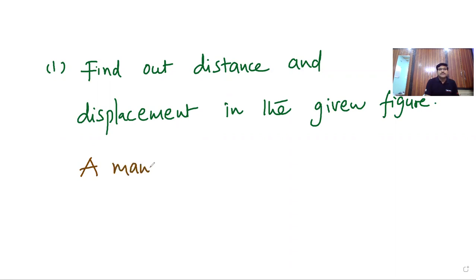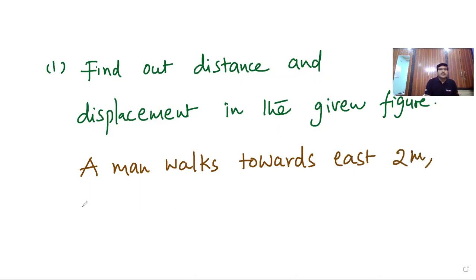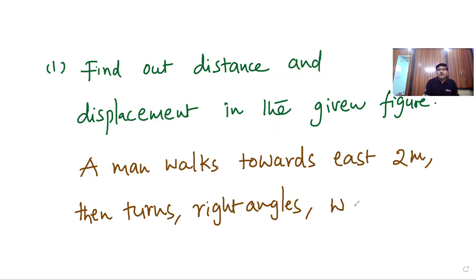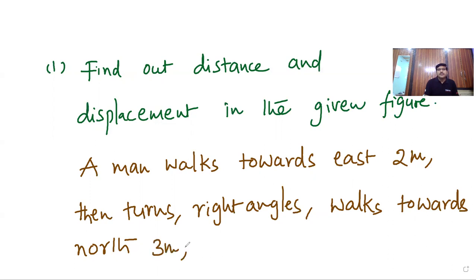A man walks towards east 2 meters, then turns right angles, walks towards north 3 meters. Yeah, this was the problem.